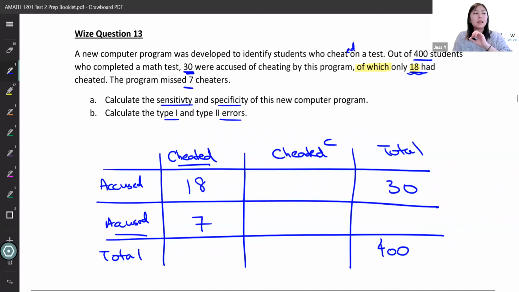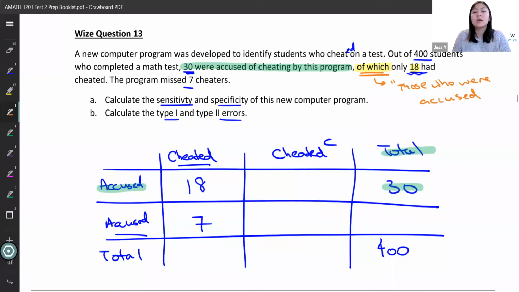So I want to go through this again because I'm seeing it in the Q&A and I know this is the confusing part. This first part that said 30 were accused of cheating, that's the total number of people who were accused. So that's 30. But then the second part is the confusing part. This wording of which means the same thing as from those who were accused, only 18 had actually cheated.